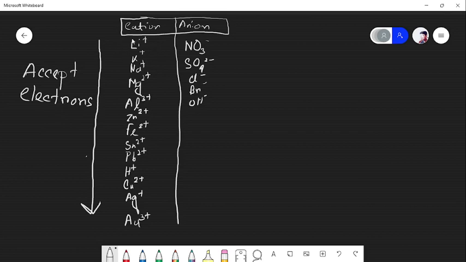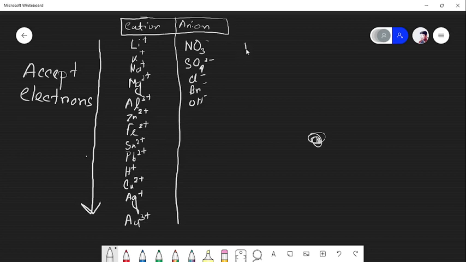So let's say if you take lithium and gold, gold will go first to gain the electron, before lithium, because it is placed further downwards.